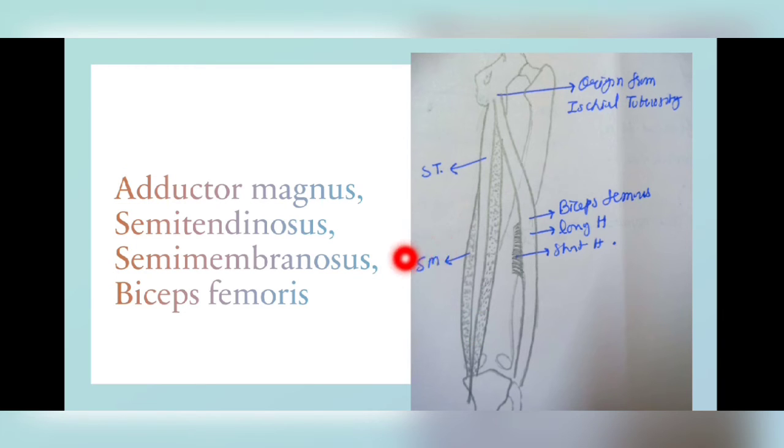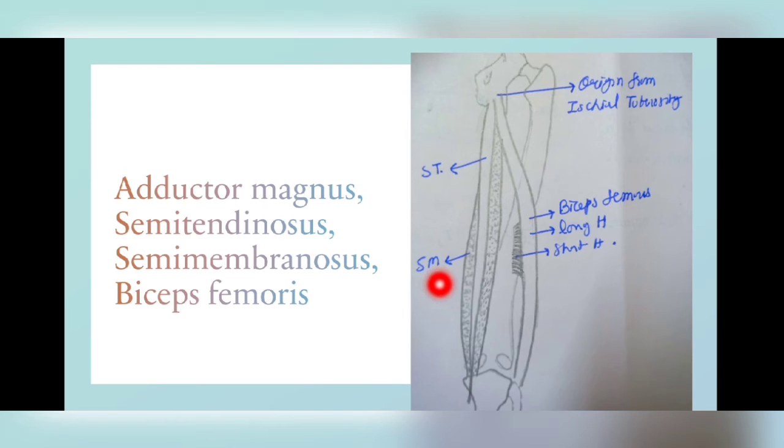And this is semimembranosus. It has a wider belly. This semimembranosus arises from the superolateral impression of the upper part of ischial tuberosity, and it is inserted over the upper end of tibia posteriorly.